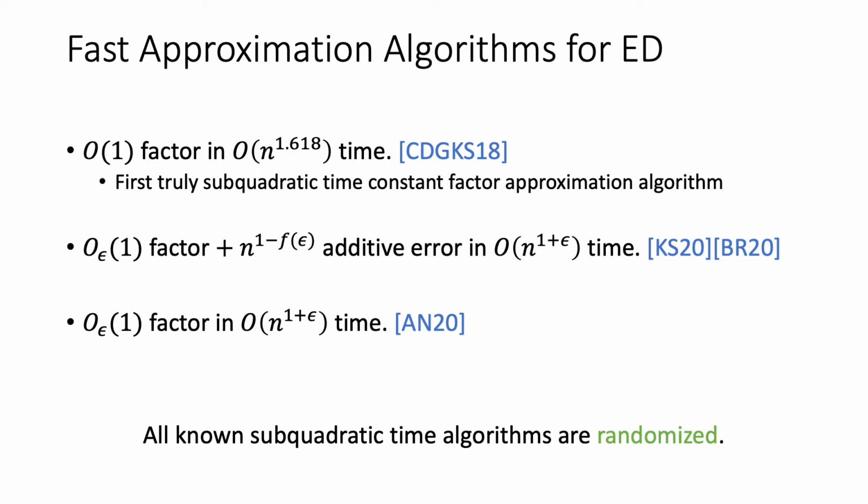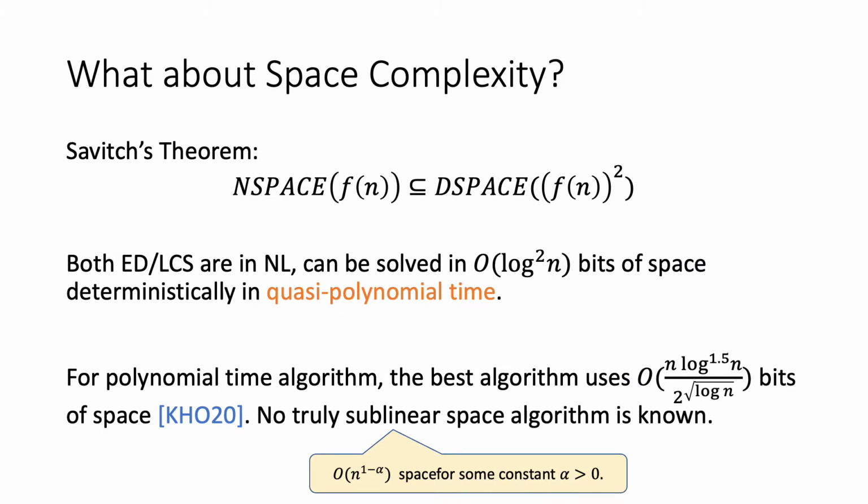That is, there's an algorithm that can give a constant factor approximation for edit distance in O(n^{1+epsilon}) time, where epsilon can be any small constant. We know that all these known algorithms in subquadratic time are randomized. So all these results are mainly focused on the time complexity. So what about space complexity?